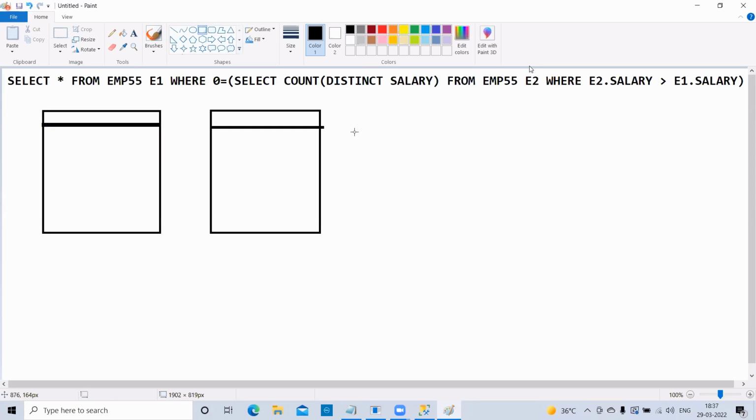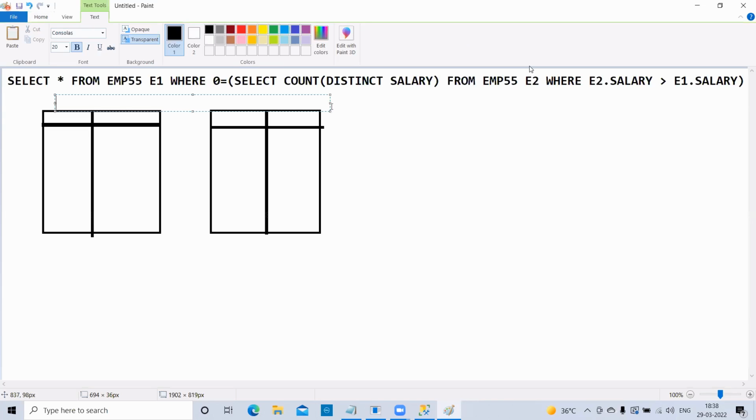So carefully observe. Now some columns or names, however many columns as you wish. And these aliases, I will give some names here. For example, this is my E2, and this is my E1.